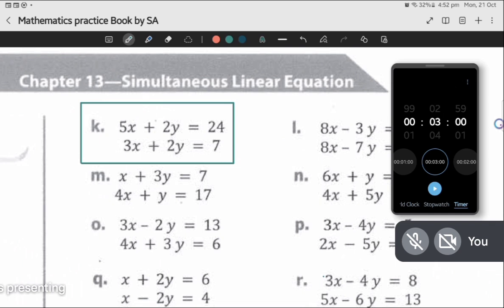Are you still done? I did till 24 minus 5x equals 7 minus 3x.